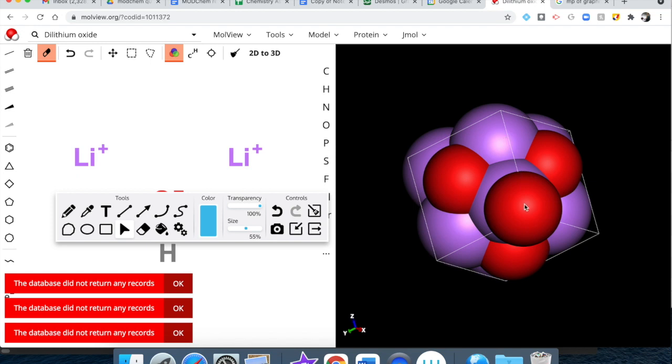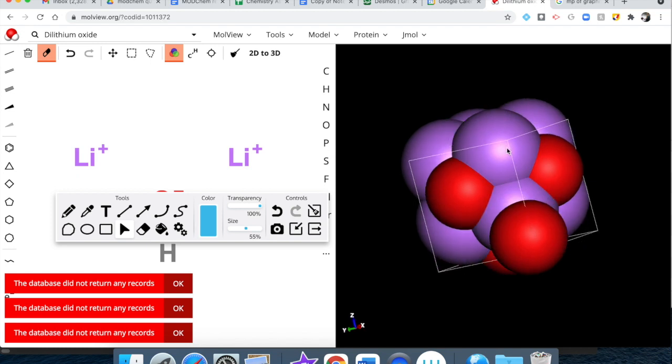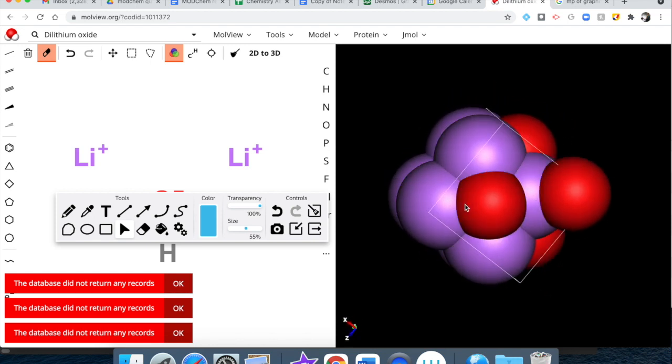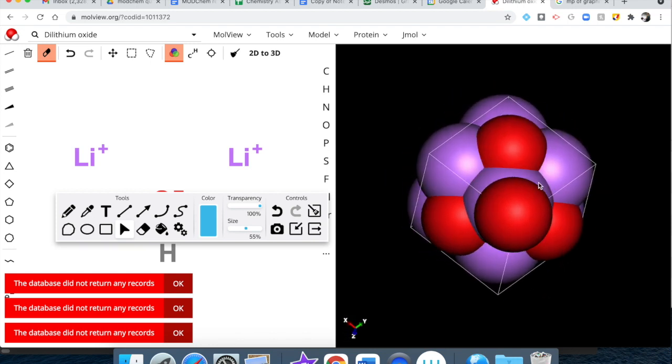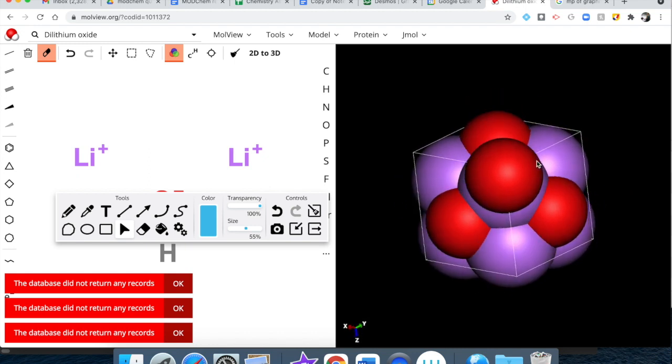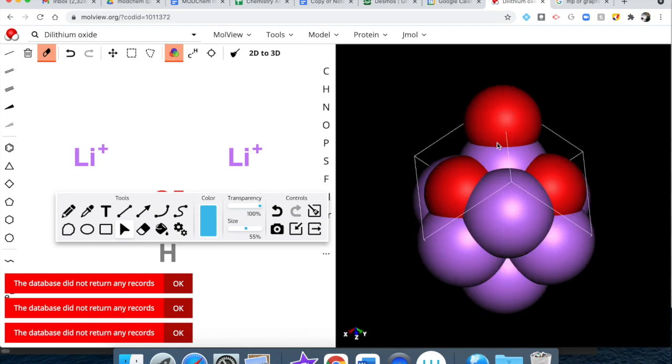So the oxygens are red, the lithiums are purple here, and every oxygen has got 2 lithiums that go with it. Now in this single unit cell, it looks a little distorted, like one side's all purple and the other side's all red. That's just because of where they put the boundaries of this cell. The attraction is still the same. It's positive lithiums for negative oxygens, and that's what holds the structure together.